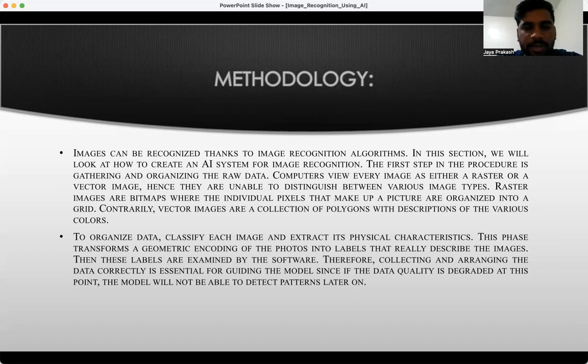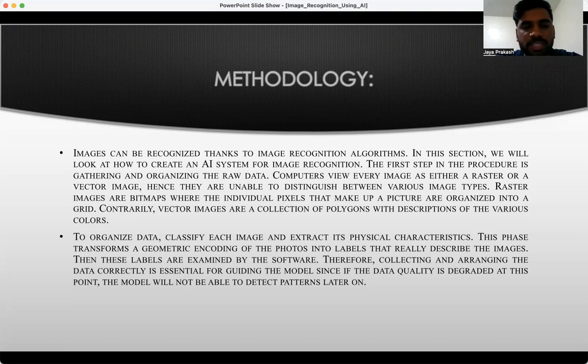Raster images are bitmaps, where the individual pixels that make up a picture are organized into a grid. Conversely, vector images are a collection of polygons with descriptions of the various colors. To organize the data, classify each image and extract its physical characteristics.